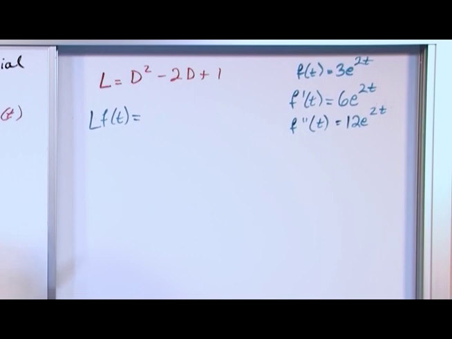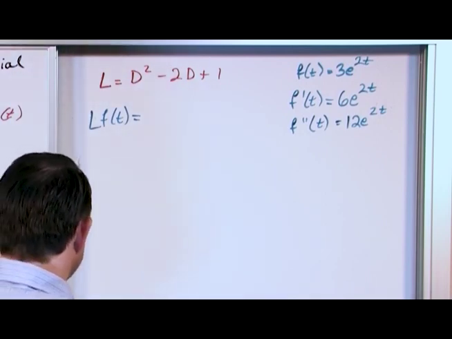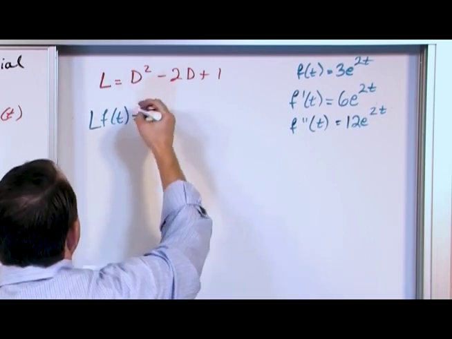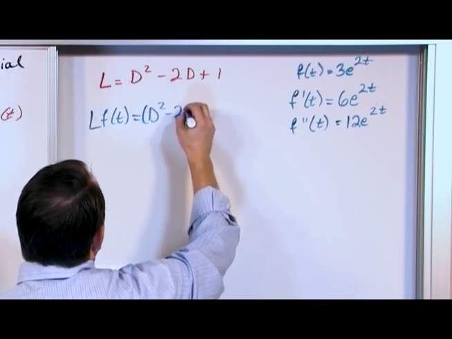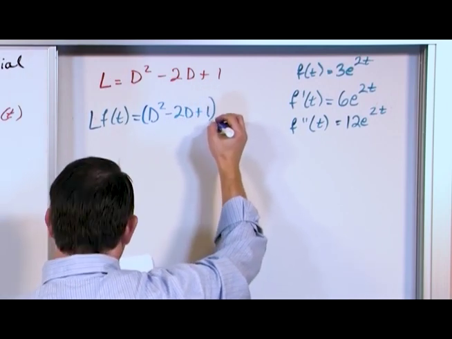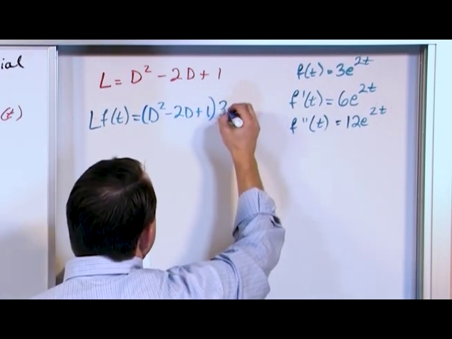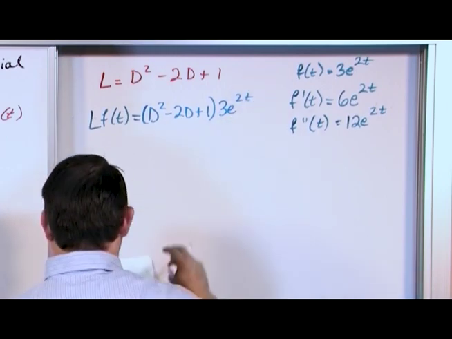All right, so what we're going to do next is write it all out in all of its glory so that you understand. We'll have D squared minus 2D plus 1 operating on this function, 3e to the 2t.